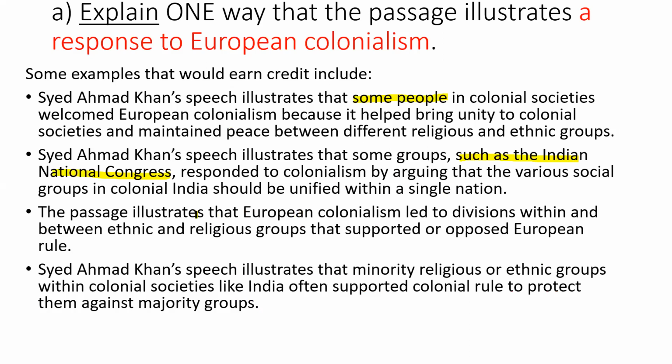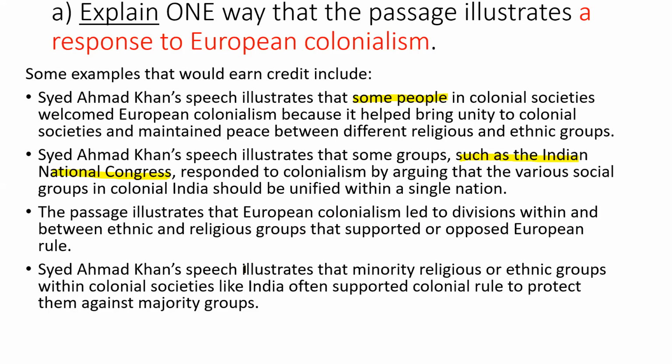The passage illustrates, and that's fine, guys, you don't have to write the author's name out, that European colonialism led to divisions within and between ethnic and religious groups. So I would comma that. For example, Hindus and Muslims in India, that supported or opposed European, say, British rule.